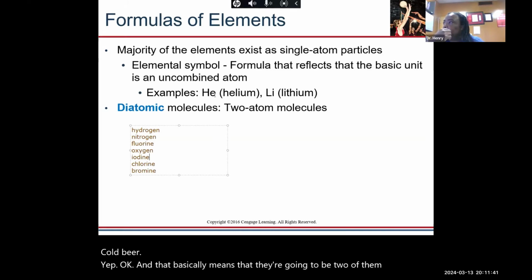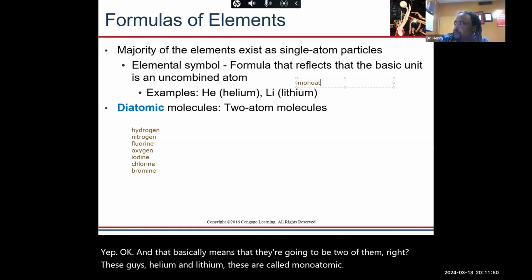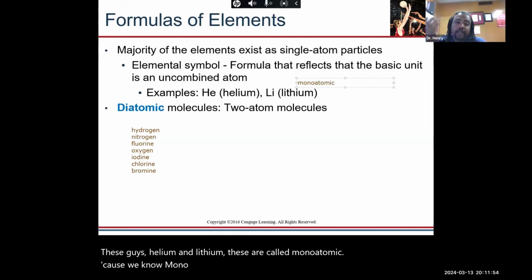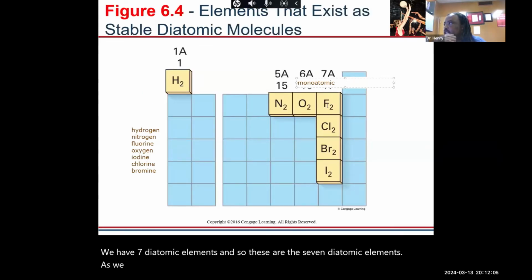These guys, helium and lithium, are called monoatomic. Because we know mono means one, so it's a one-atom element. We have seven diatomic elements. These are the seven diatomic elements: hydrogen, nitrogen, oxygen, fluorine, chlorine, bromine, and iodine.